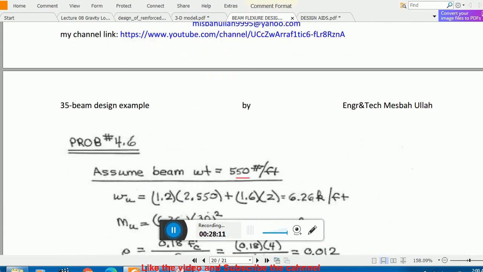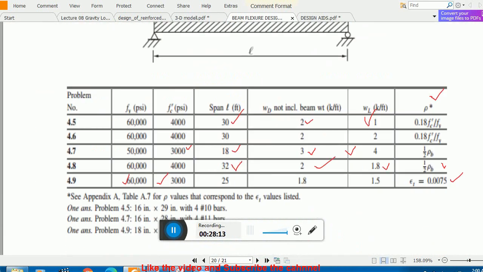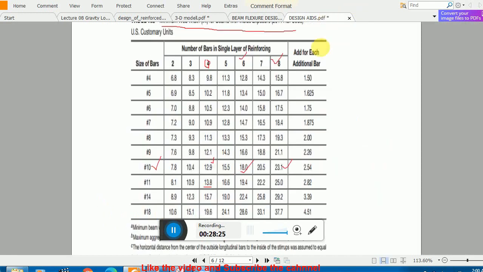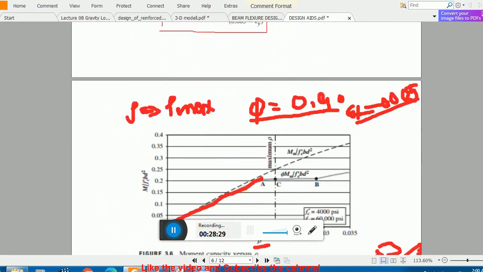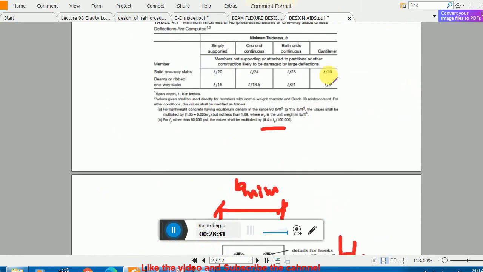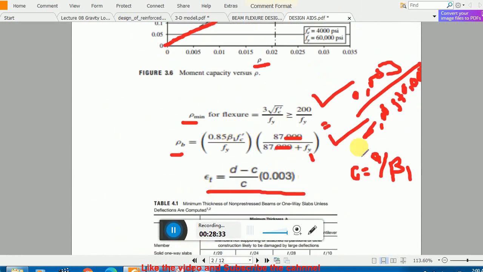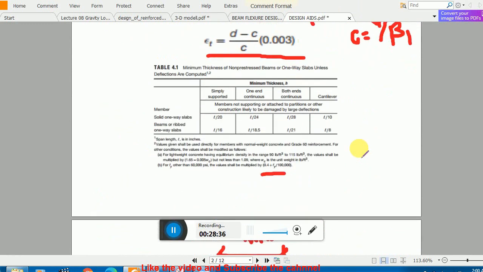But remember one thing in the last, I want to share with you: you see the effect of the length. If you are a site engineer, you have to remember these things. If length is changed, how many bars I needed. So you just keep these things in mind. Remember one important thing, these tables are important, and these tables are basically based on these equations, and the rho max and rho minimum equations.